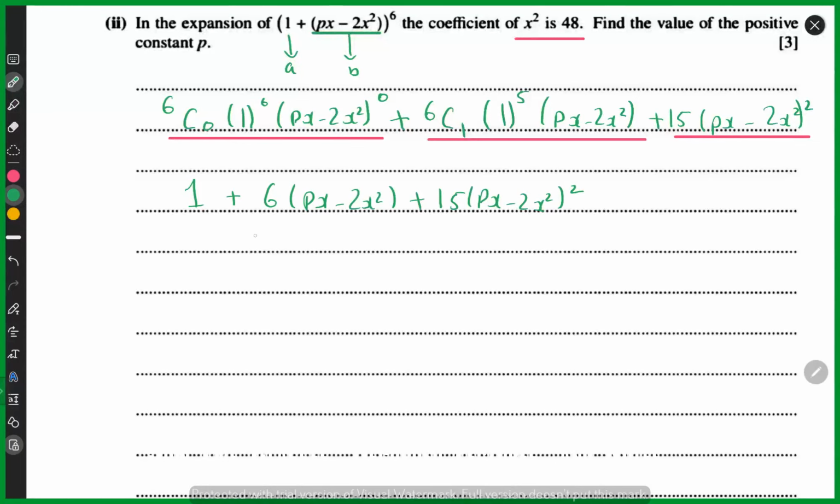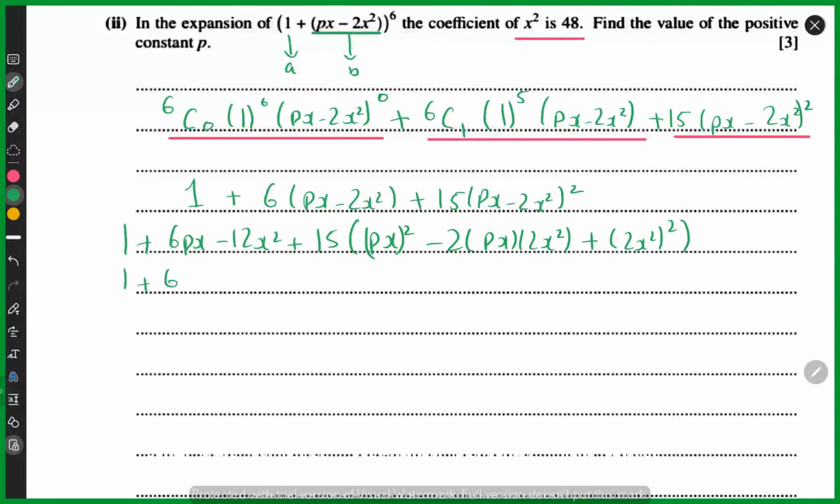This would be 1 plus 6px minus 12x², plus 15(px − 2x²)². I need to expand this first: p²x² minus 2 into px into 2x², plus (2x²) power 2.